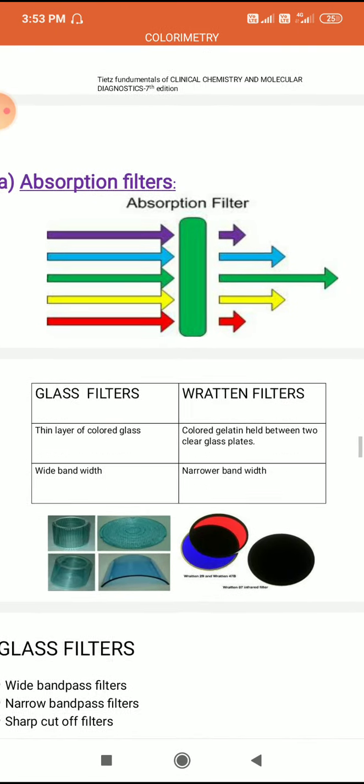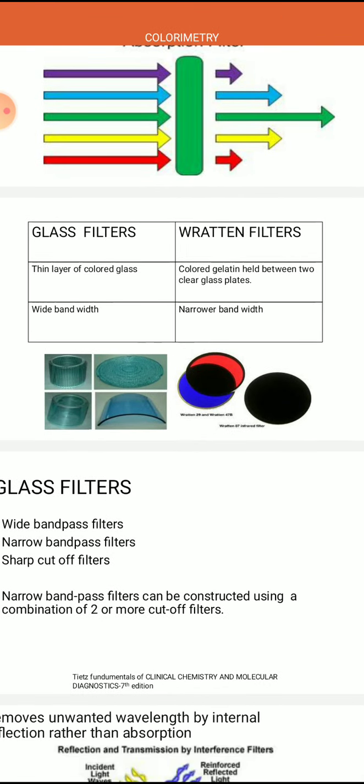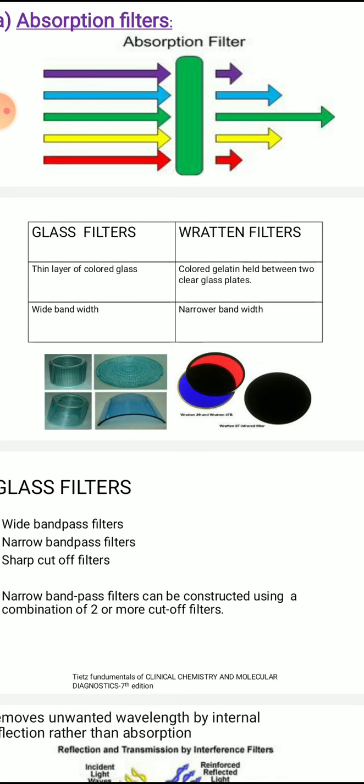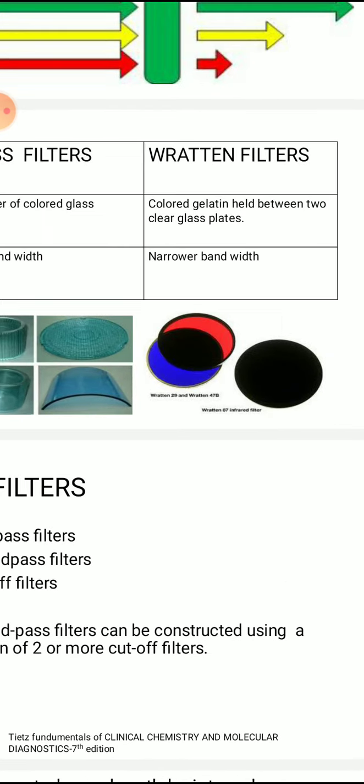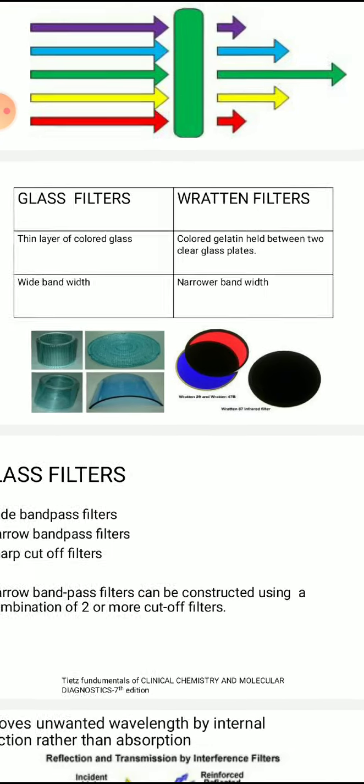Then we learn about glass filters and Wratten filters. Glass filters are a thin layer of colored glass with wide bandwidth, and Wratten filters are colored gelatin held between two clear glass plates, with narrower bandwidth.